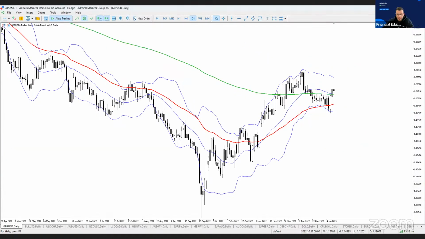So let's start with the pound against the US dollar. Yesterday, we said that there are many obstacles. Although we noticed US dollar weakness, we said the pound may not be ideal to trade because it was just below the 200 moving average resistance and the 20 moving average resistance.